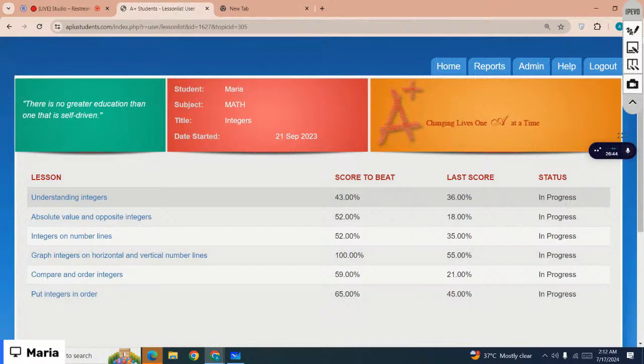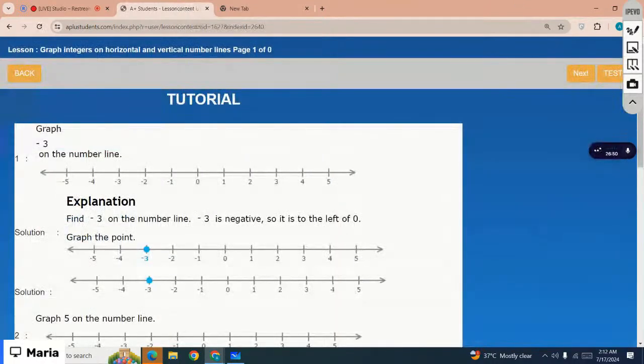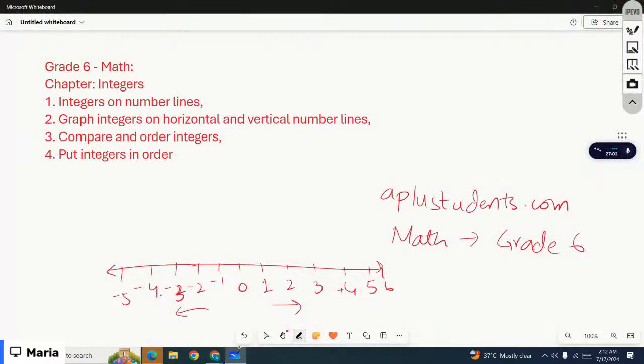The next lesson is graph integers on horizontal and vertical number lines. Let's just start with the next lesson. Okay, graph -3 on a number line. So let me just explain how you graph the numbers on a number line, right?